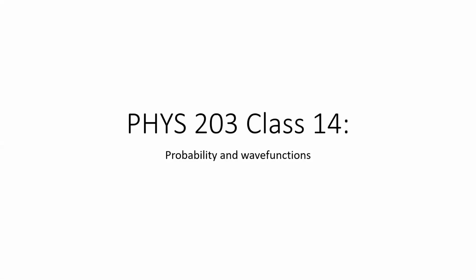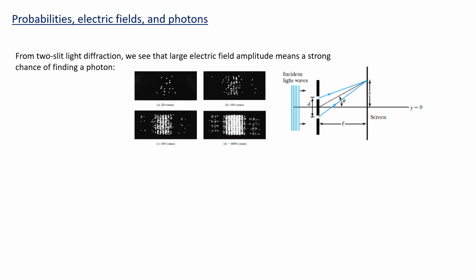So we're going to start to get a handle on probability and wave functions by an analogy with light. In the case of light, we have the two-slit experiment, which we looked at previously, where we send light through a double slit, and it diffracts and forms a diffraction pattern of alternating light and dark bands on a screen.